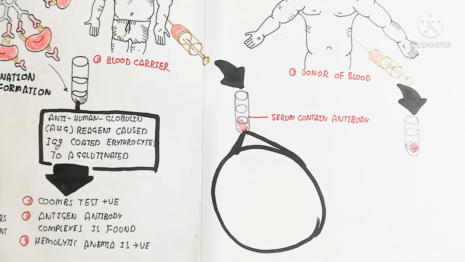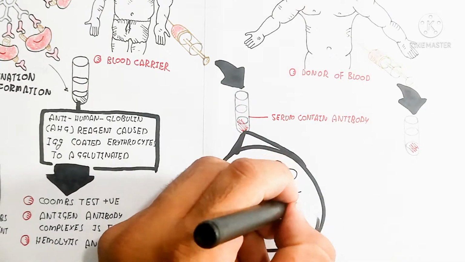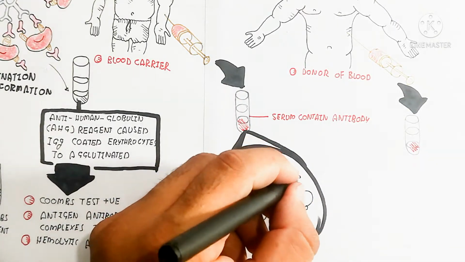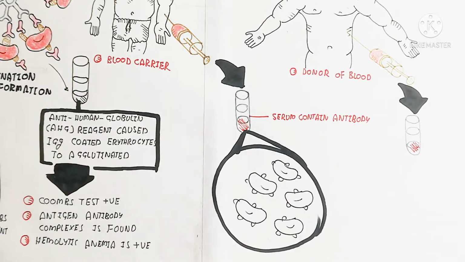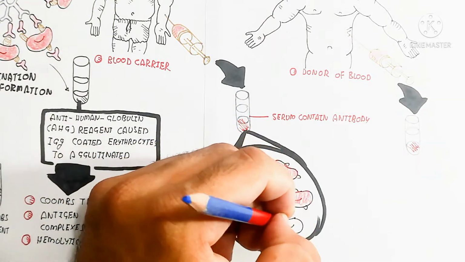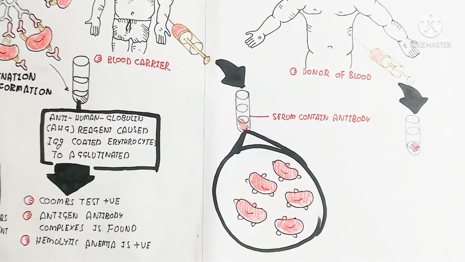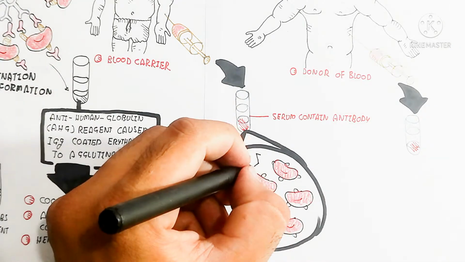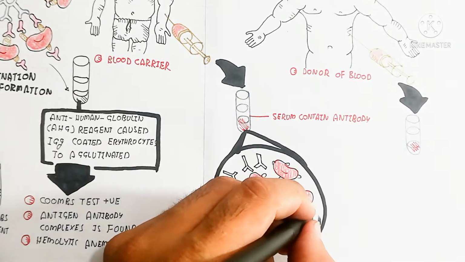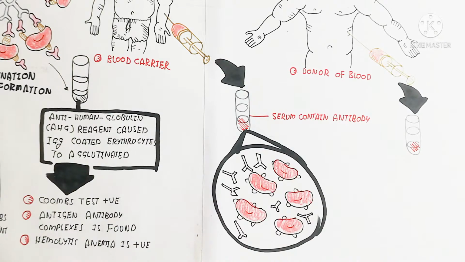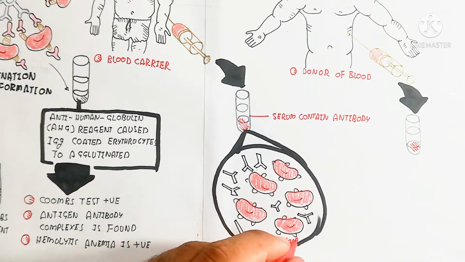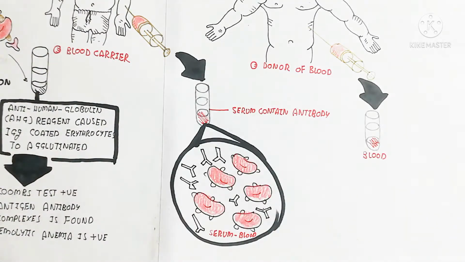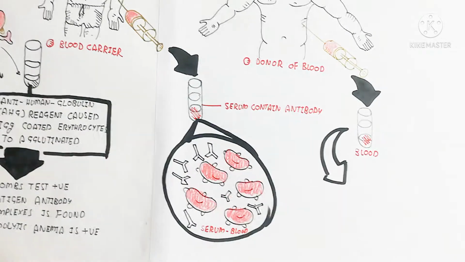But the important thing is that the serum containing antibodies is present in the plasma of the blood. So to understand that, we will take the blood sample from the donor of blood and put it drop-wise into the serum, so the antibody in serum will act.